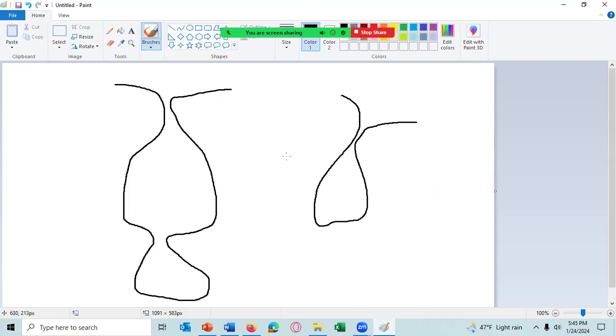Let me see if I can erase this now. I'm not doing too well of a job, but I need a little more room here.